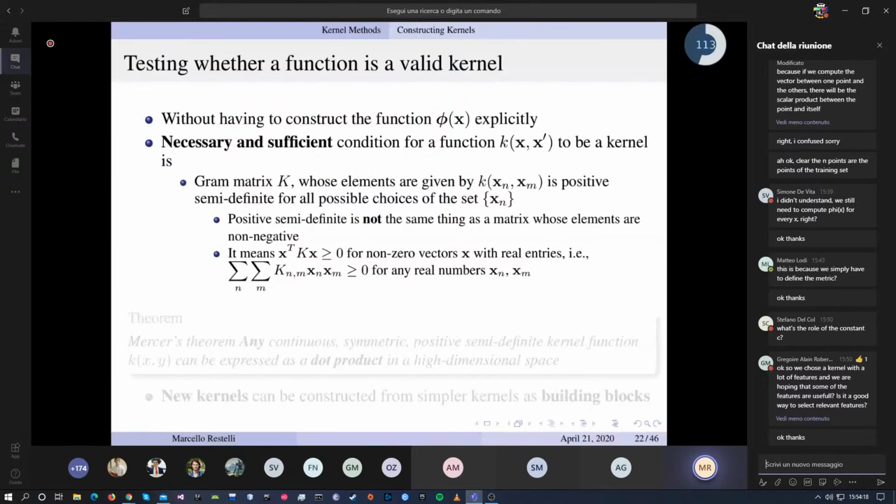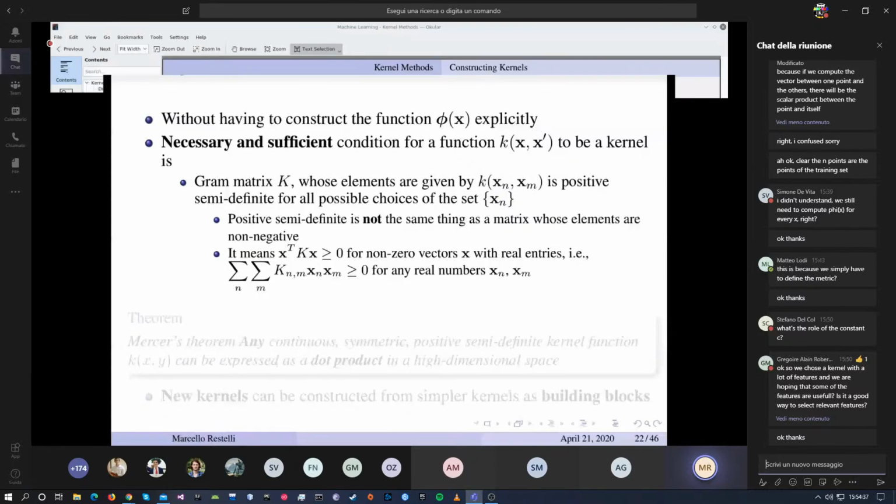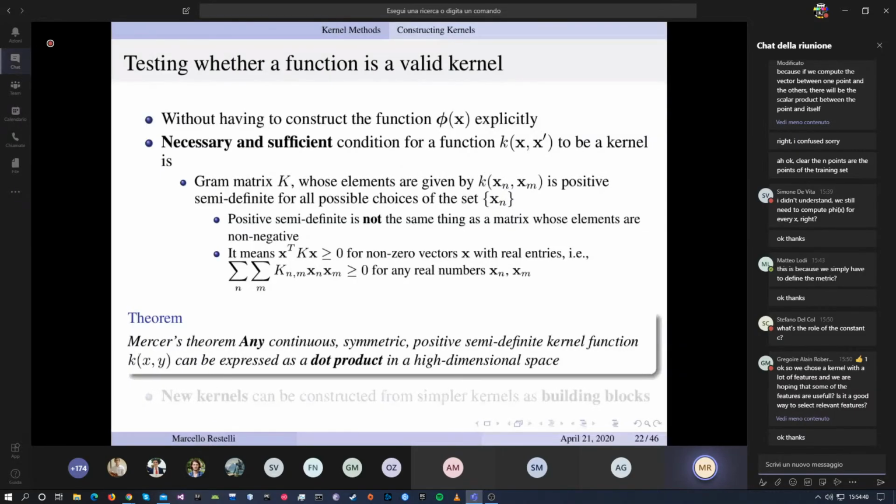In other words, anytime you take any vector x and compute x transpose K x, the result should be greater than or equal to 0. This leads to a theorem that says that if you have a kernel function that is continuous, symmetric, and positive semi-definite, where positive semi-definite is what we have written above, it can always be expressed as a dot product in some feature space.